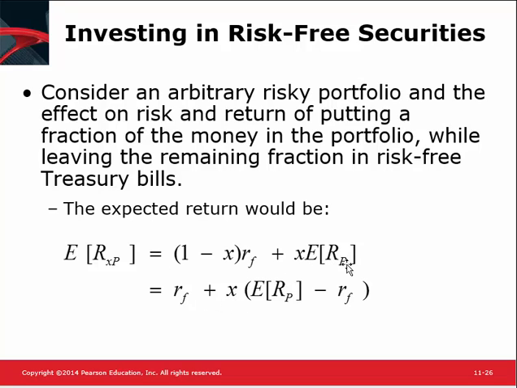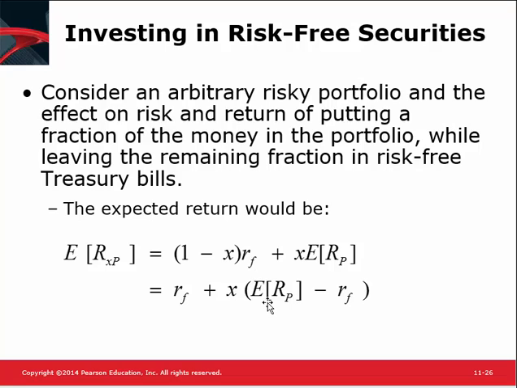Here's the expected return, and X is how much money is invested in that particular portfolio. 1 minus X is how much we would invest in the risk-free asset. So this is just the weighted average return for a portfolio with a risky portfolio and the risk-free asset as components.